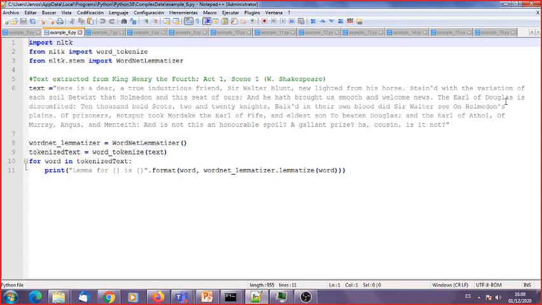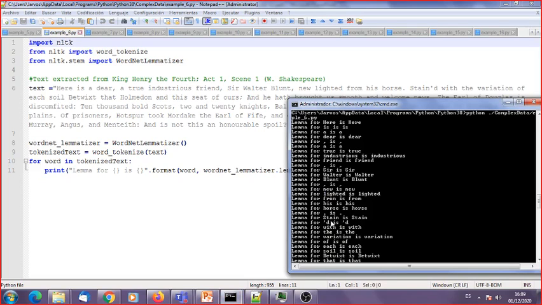Okay, I have it now, but I still see the lemma for "is". Is that correct? Or should the lemma be "be" instead of "is"? Yes, this is a wrong answer from the tool.